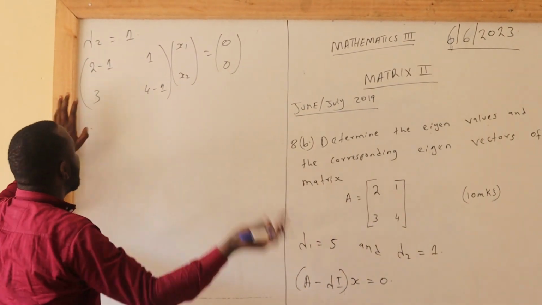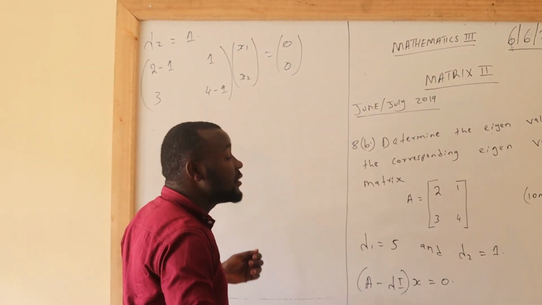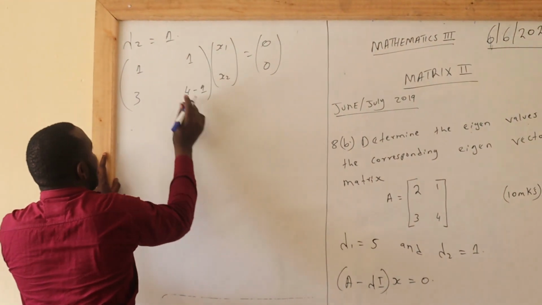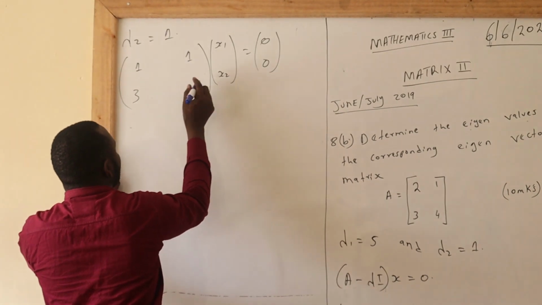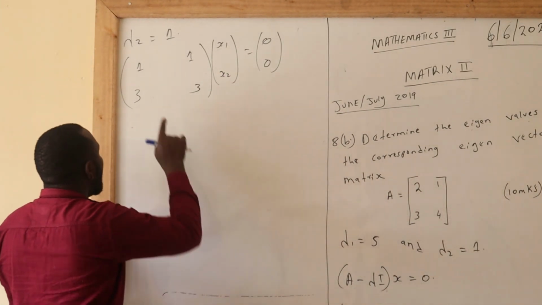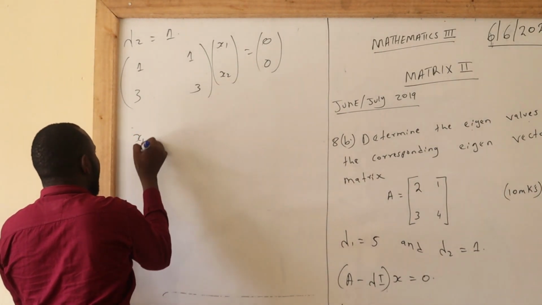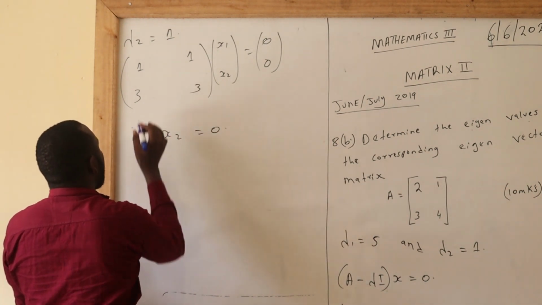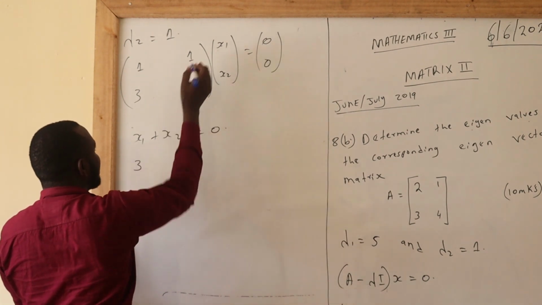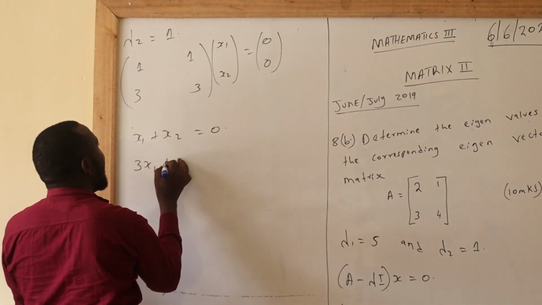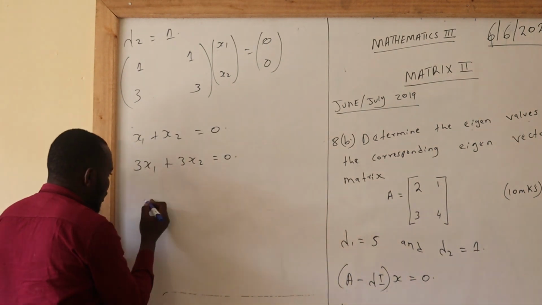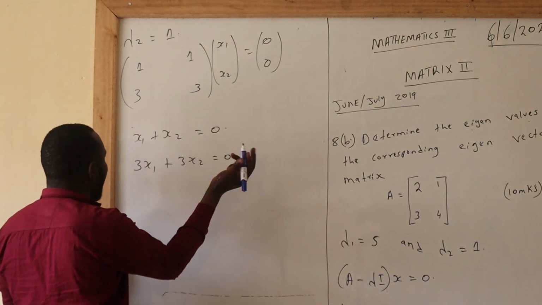Before you multiply, you can subtract because it's very easy. 2 minus 1 is just 1, and then 4 minus 1 is 3. So, let's do the calculation. This row multiplied by x gives x1 plus x2 is equal to 0. And another one is 3x1 plus 3x2 is equal to 0. Let's get the value; I can take any.